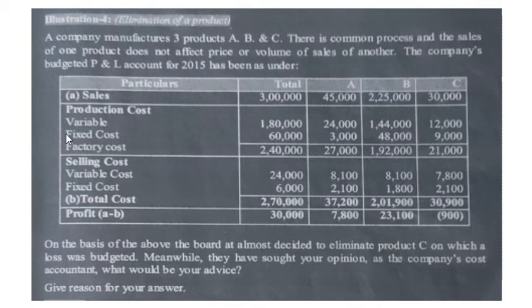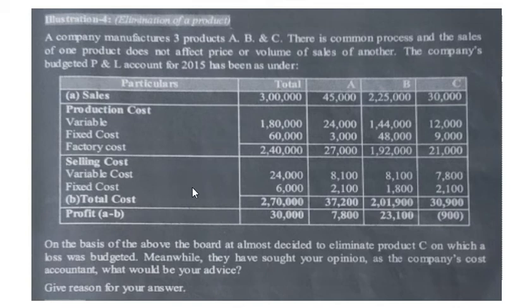If you look into this cost sheet already prepared, looking at the profit you would decide that it is better to eliminate product C and concentrate on products A and B. But as a cost accountant, you need to analyze the data. Here, sales are minused by all the costs together.